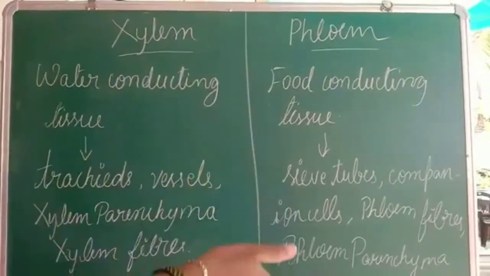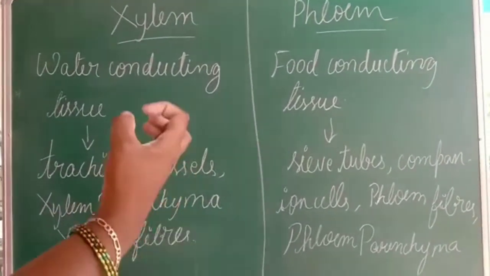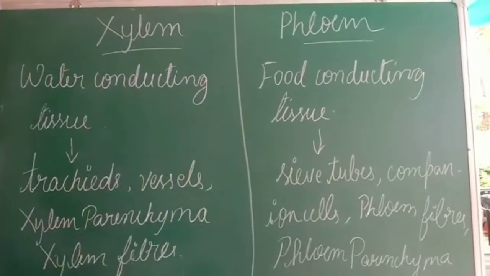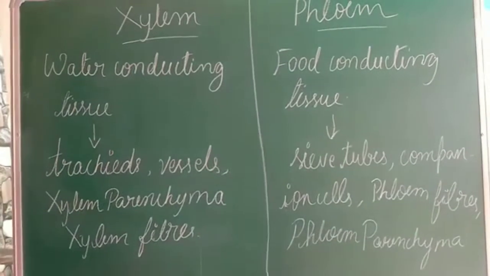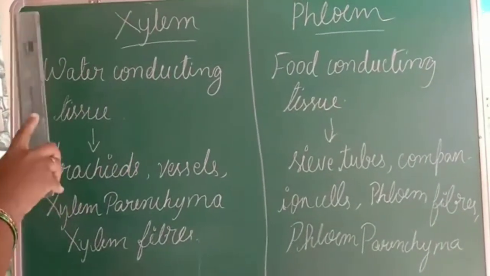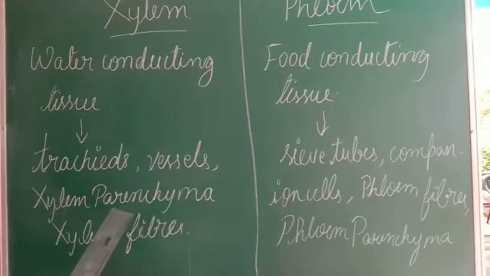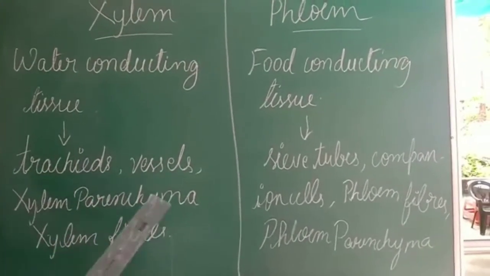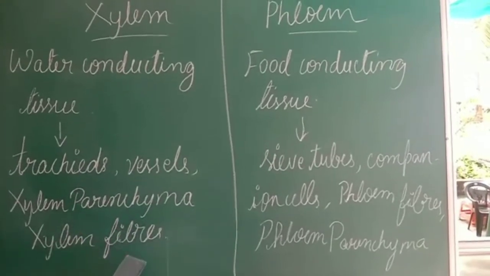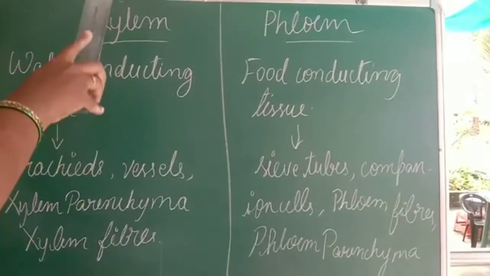The water we put to the plants is absorbed by the roots, and that water is transferred to all the parts of the body by xylem tissue. Its parts are tracheids, vessels, xylem parenchyma and xylem fibers.